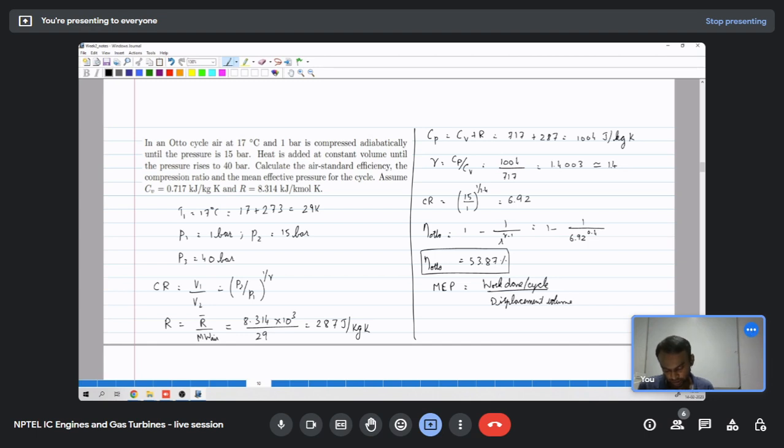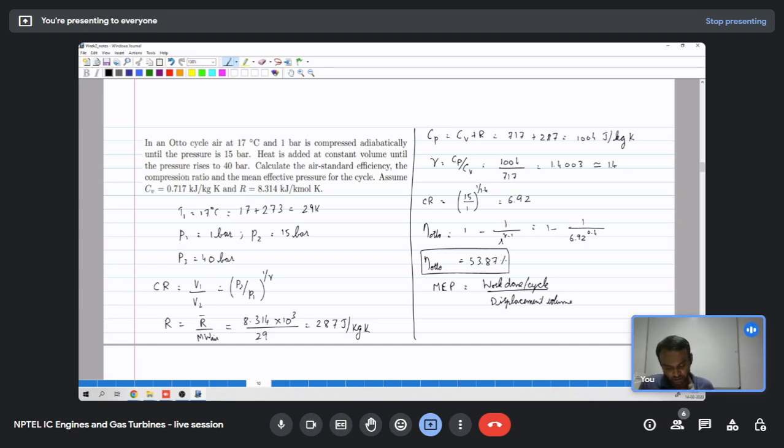So we had P3 as 40 bar. We can calculate the temperature at state 2 and state 3, and then using the temperature difference and Cv value, we will be able to calculate the joules of heat that is added, and with the Otto cycle efficiency and the heat input, we will be able to calculate the work done.